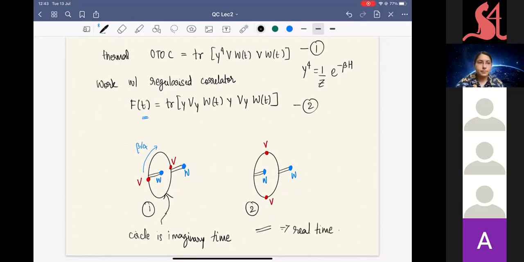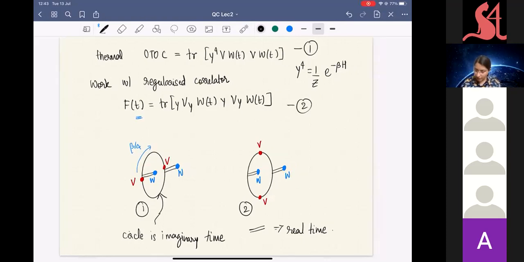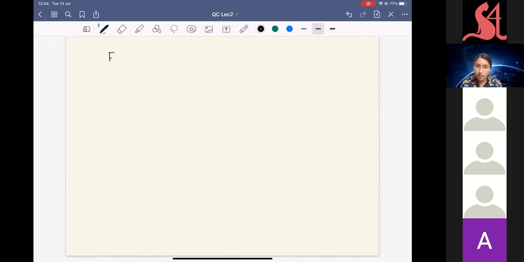So what that means is that this function is the following.